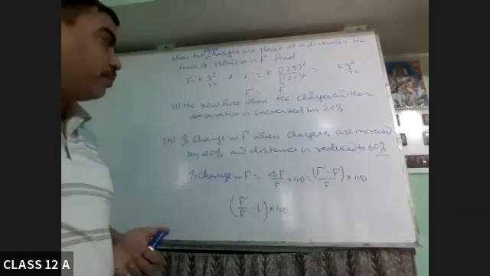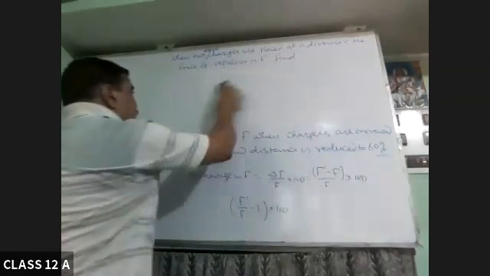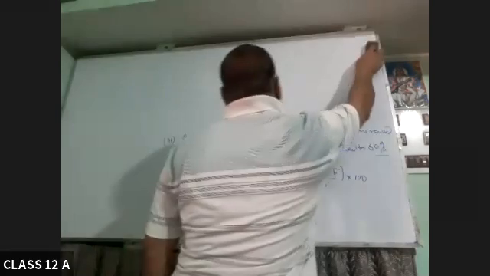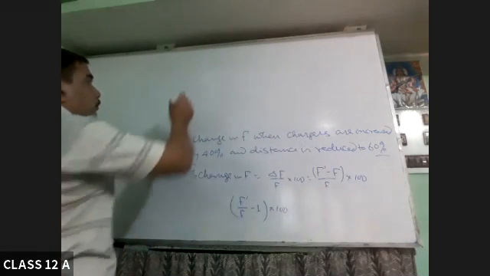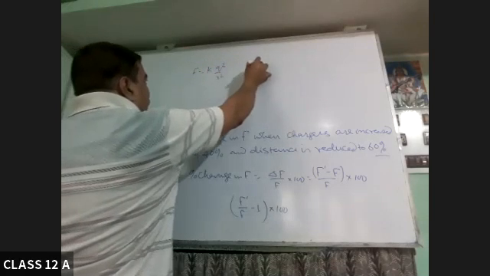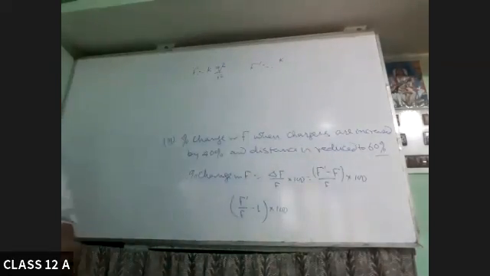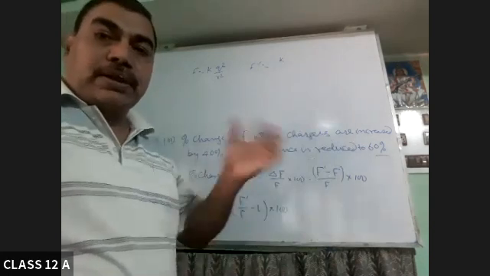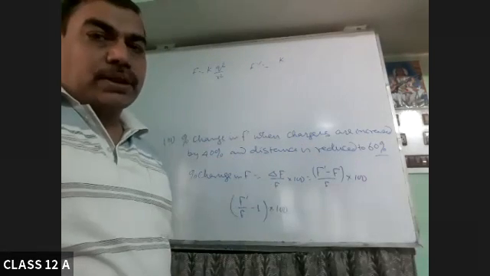So what will be F and what will be F dash? So this F same K Q square over R square. Now F dash, K. If this change is given 1% or 2%, like percentage error, you can solve. But when there is large change, then we can't use the formula of percentage error.